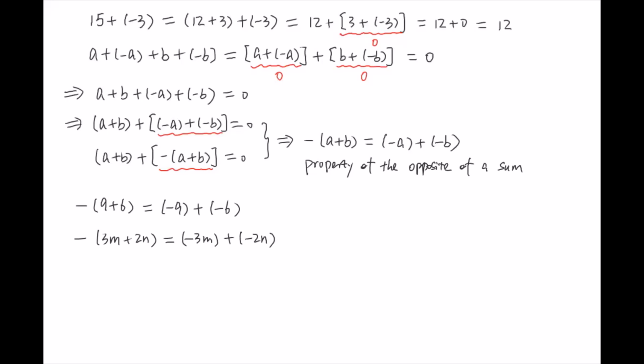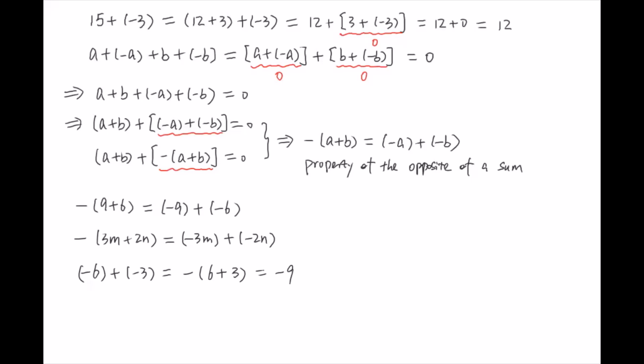This property can also be used to calculate the sum of two negative numbers. For example, negative 6 plus negative 3 equals negative (6 plus 3) equals negative 9.